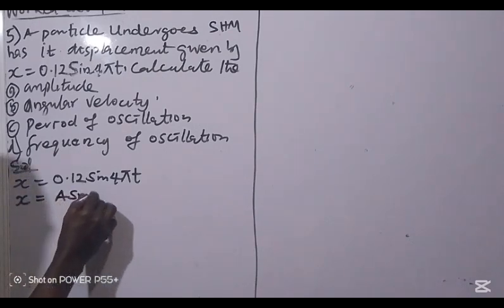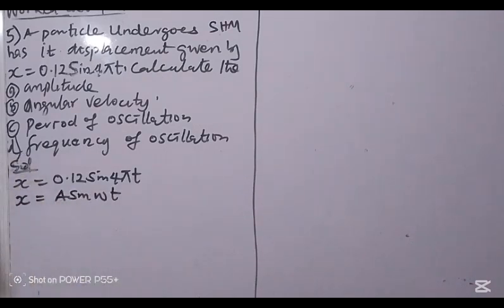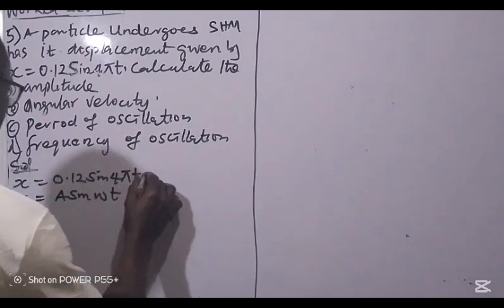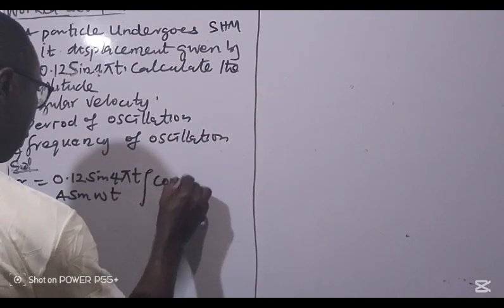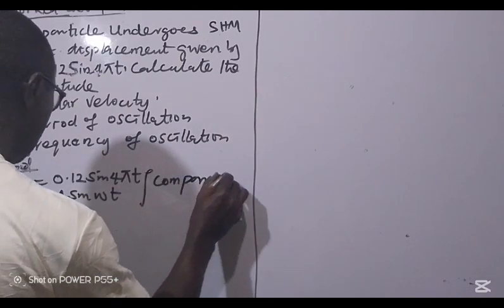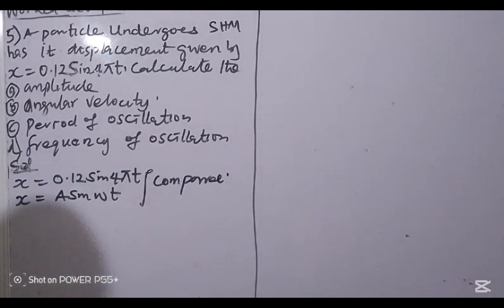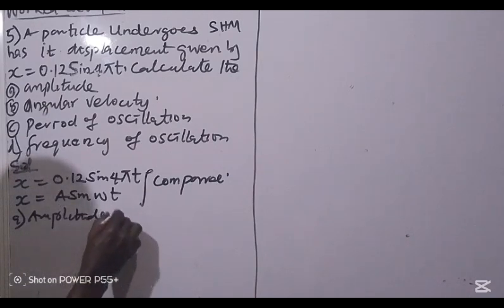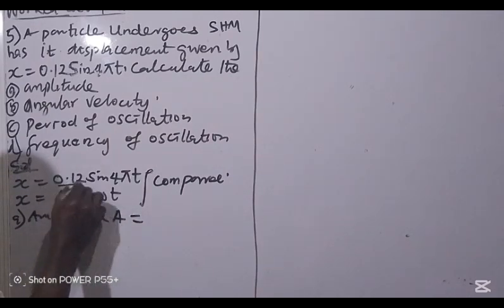So compare the two equations. When you compare the two equations, the first question, A, amplitude, will be equal to 0.12 meter.